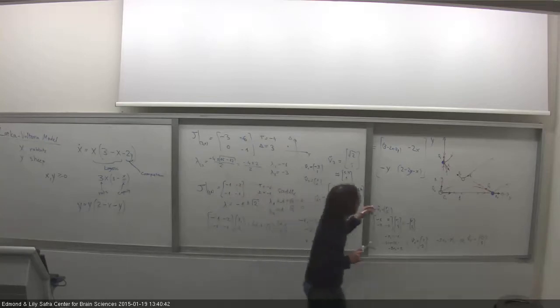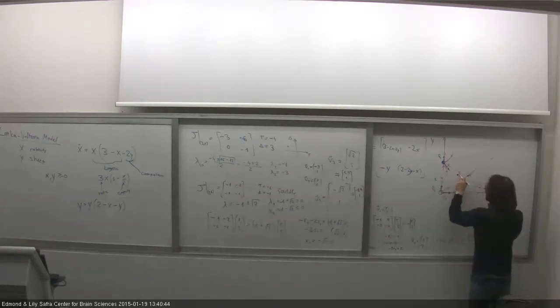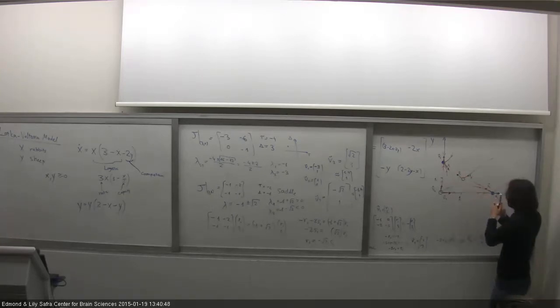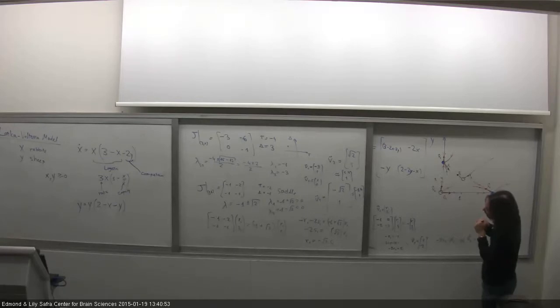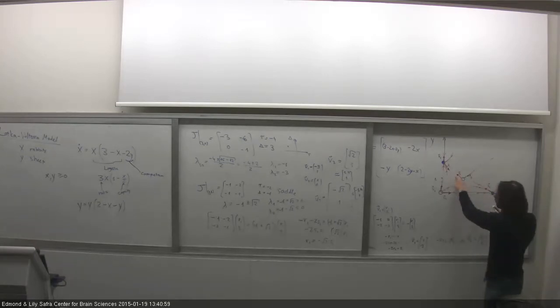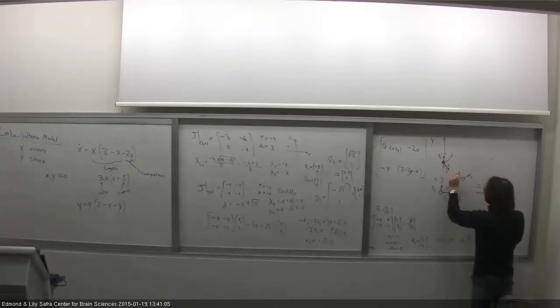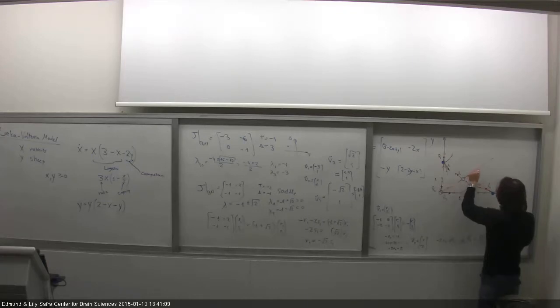Yes, I mixed them. So lambda 1 is the negative 1. V1 is minus square root of 2, 1. This is V1. And yeah, it's a positive 1. So V1 is a positive 1. We have growth over that, and we have decay on V2. Okay?